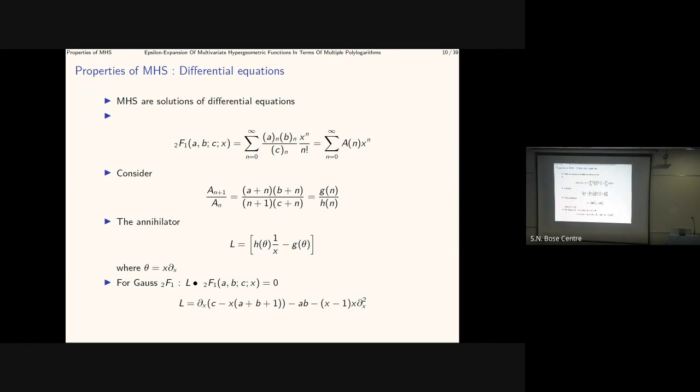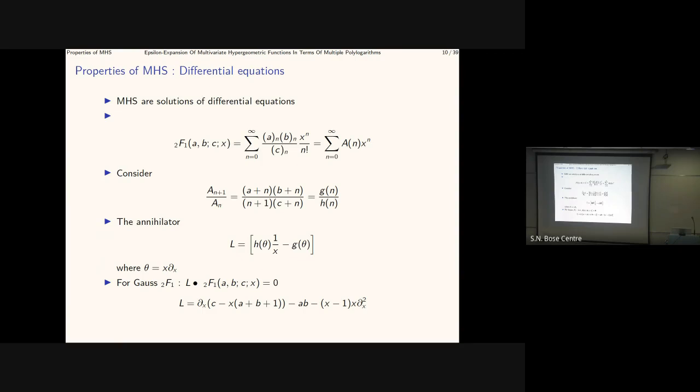But what we need is the other way around. We start with a series representation here, 2F1, and we want to find its associated ordinary differential equation. To do that, there is a general procedure. Whatever is there except the x to the power n, you write it as a_n and take the successive ratio of two terms and simplify that.